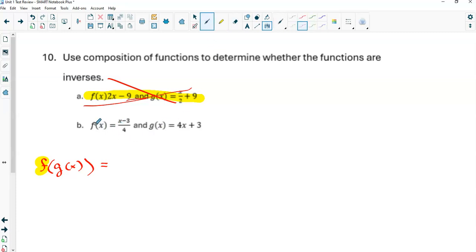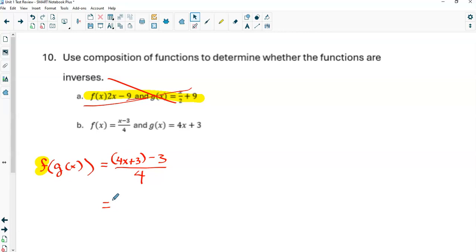The other one says f of x is blank minus 3 divided by 4. So I'm going to put blank minus 3 divided by 4. That blank, I'm going to substitute it with g of x, which is 4x plus 3. I'm going to solve that.